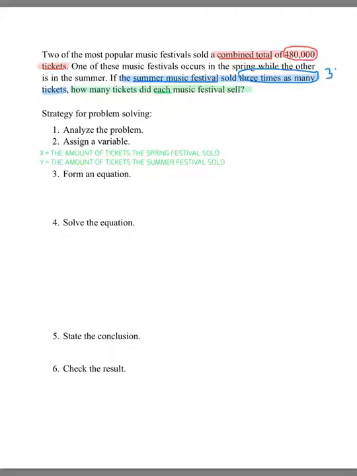So now, let us go ahead and form an equation from the information given. So let's focus on what's given in red. In red, we know that a combined total of 480,000 tickets were sold. So we're going to have 480,000, that's going to be equal to the sum of the number of tickets that each music festival sold.